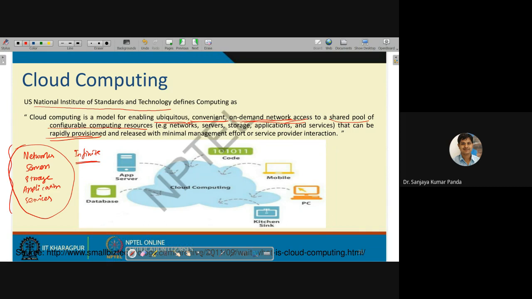The interactions between the cloud service provider and the consumer make the release of the resources happen with minimum effort. Like here you can see, if you consider a particular user, a user requesting a cloud service provider has to first open a web browser.